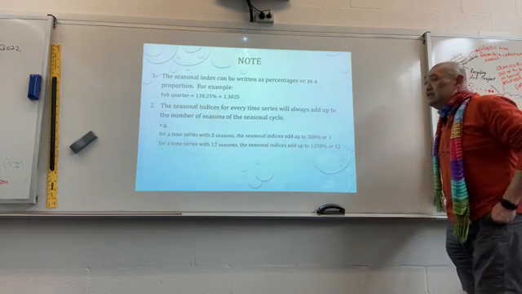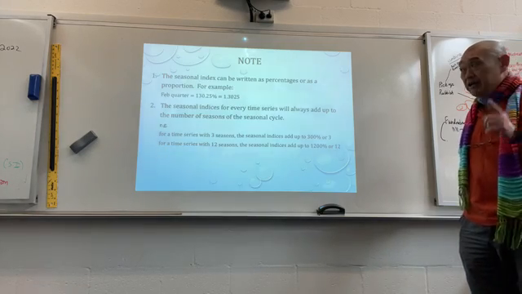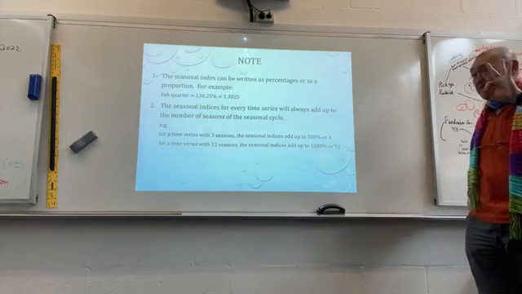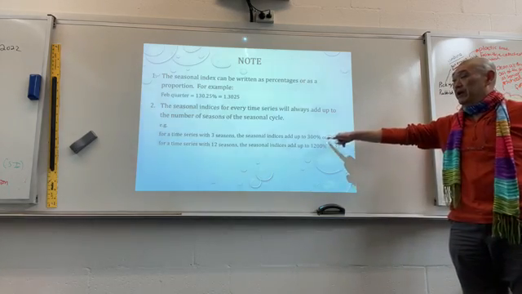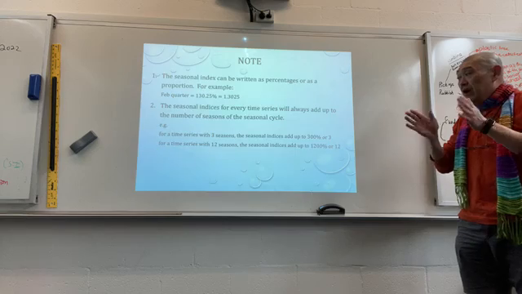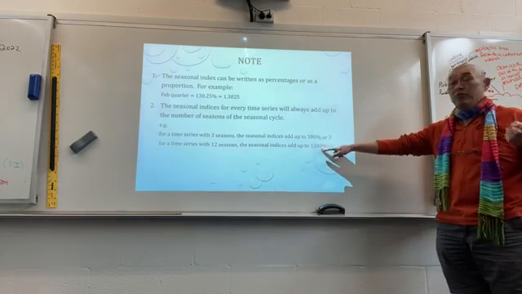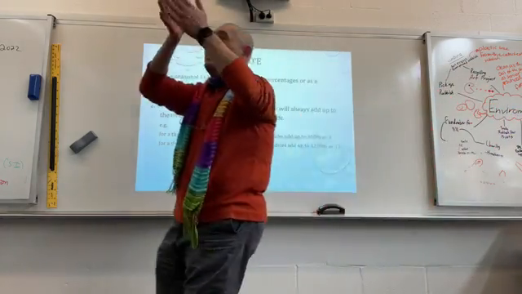The seasonal indices for every time series will always add up to the number of seasons of the seasonal cycle. So if a time series has 3 seasons, the seasonal indices will add up to 300% or 3. If a time series has 12 seasons, the seasonal indices will add up to 1,200% or 12. So that will be the monthly. All right?